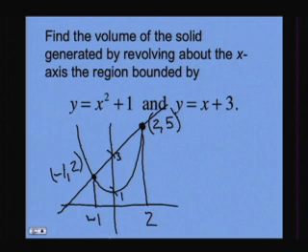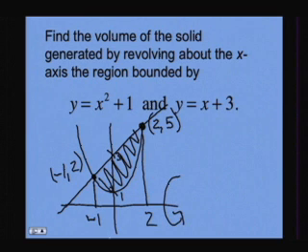The area that we're going to revolve around the x-axis is this area right here. So you can see that as we revolve it around this axis, we will be missing the center portion, right, as it revolves around. So that's where the idea of this washer comes into play.